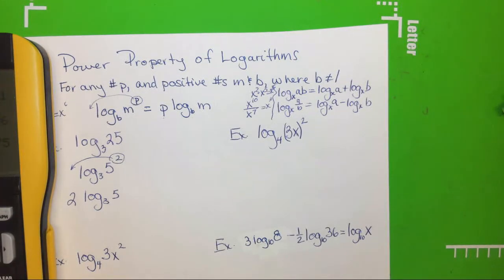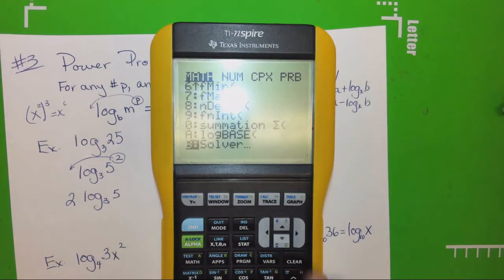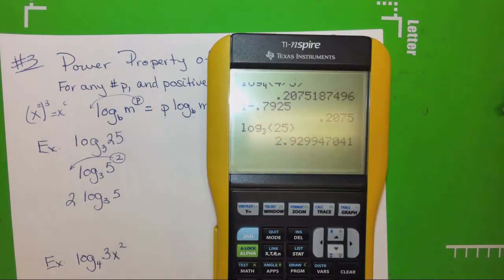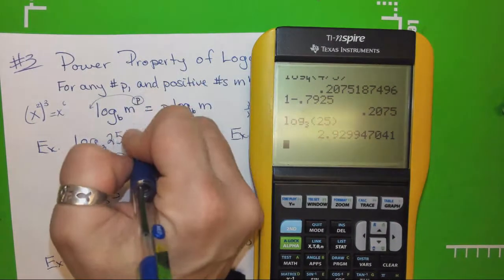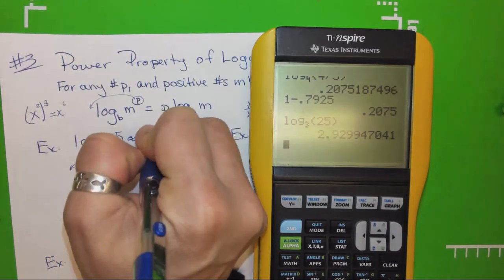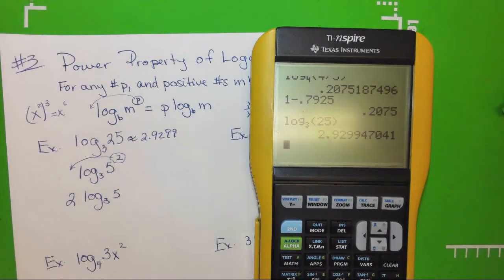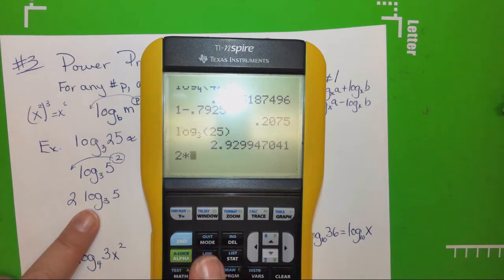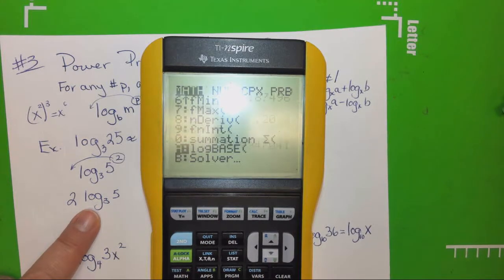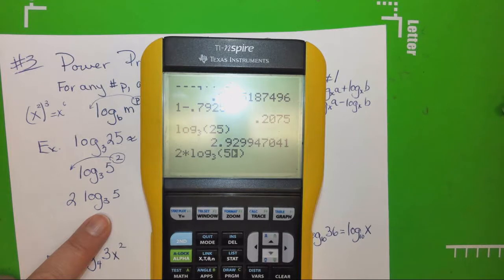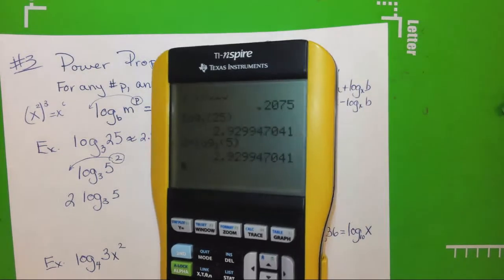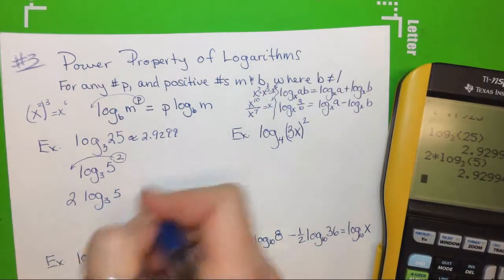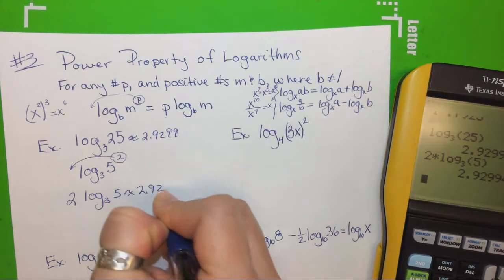And to show that that is equal, go to our handy dandy calculator here and hit the math key, and log base 3 of 25 is approximately equal to 2.929947, and so on. And if we take 2 times log base 3 of 5, we're going to get the exact same thing, just like we did there. So you can see that those are equivalent.